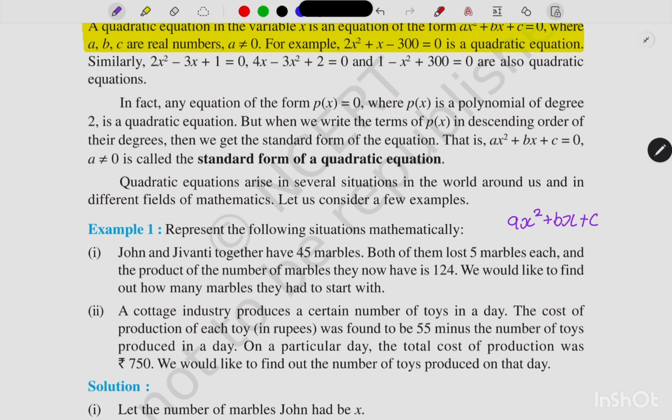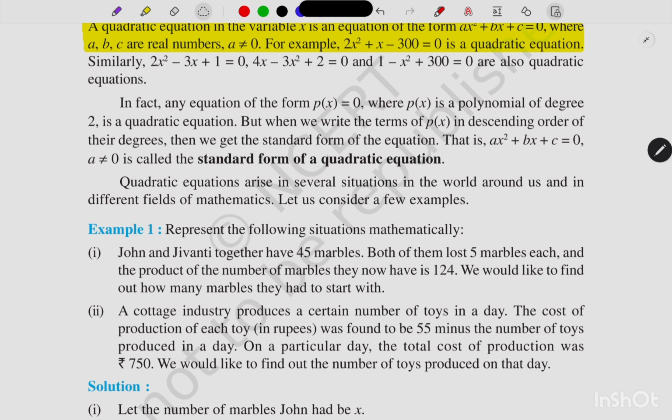Here the highest power is 2, but let's say that I want to add a dx³. Now what is the degree of the equation? 3. Why? Highest power of the variable here is 3.